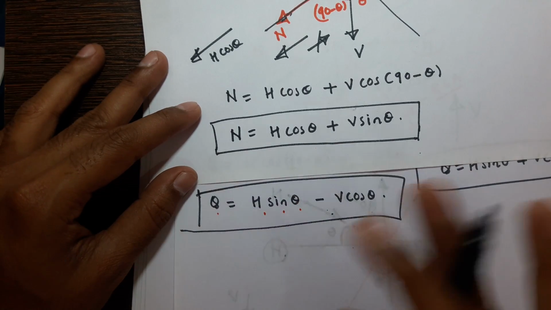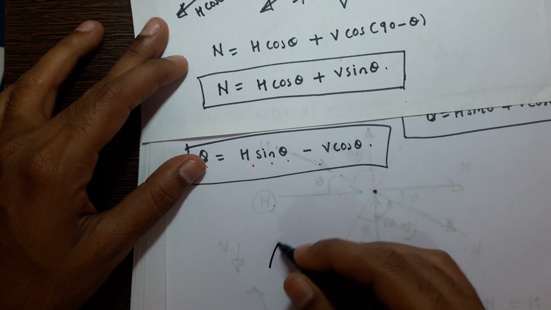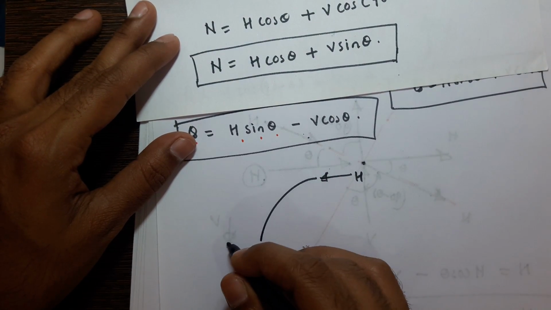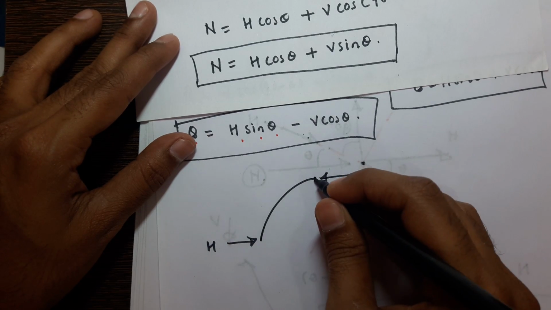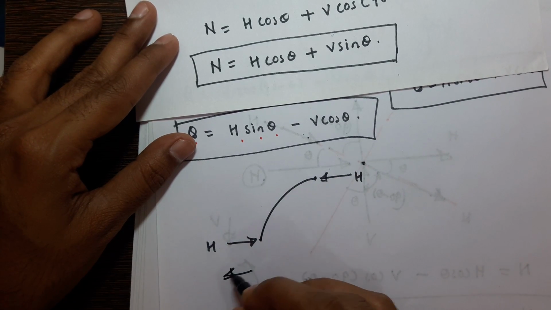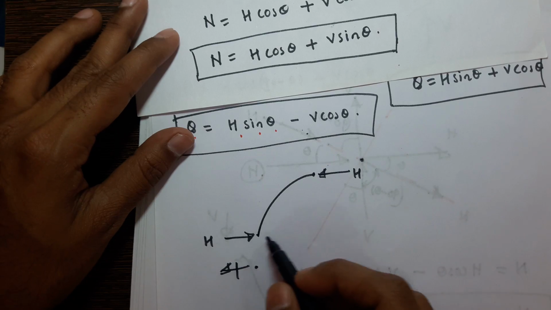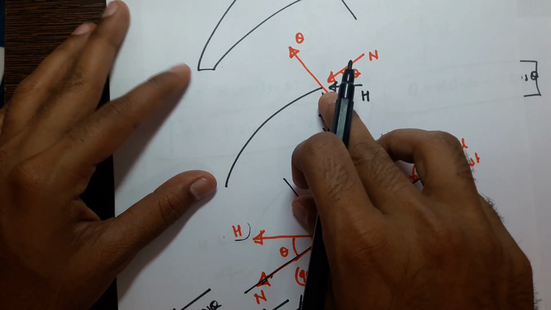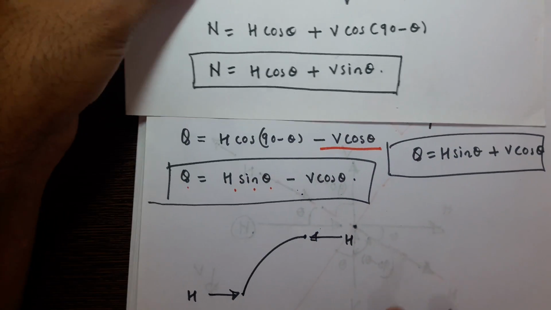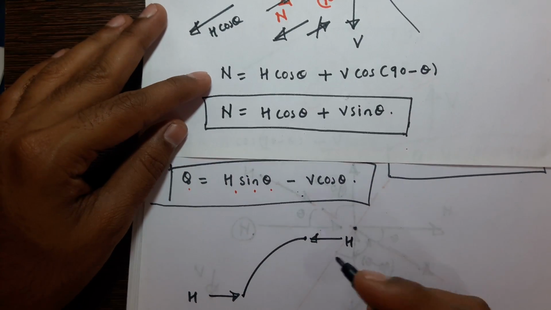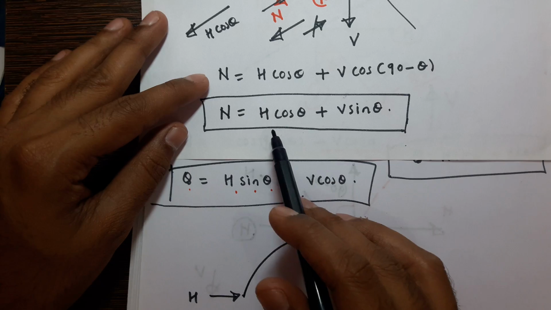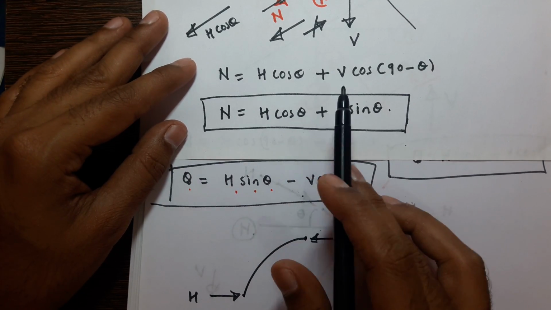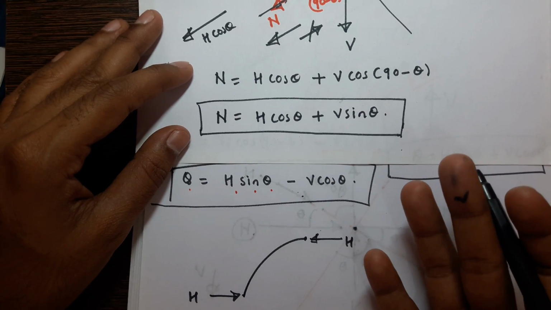The sign of H will not change, because in case of arches, H will always be towards the joint, not away from the joint, and we derived our formula by taking H towards the joint. We don't have to change the sign of H, but the sign of V will change.